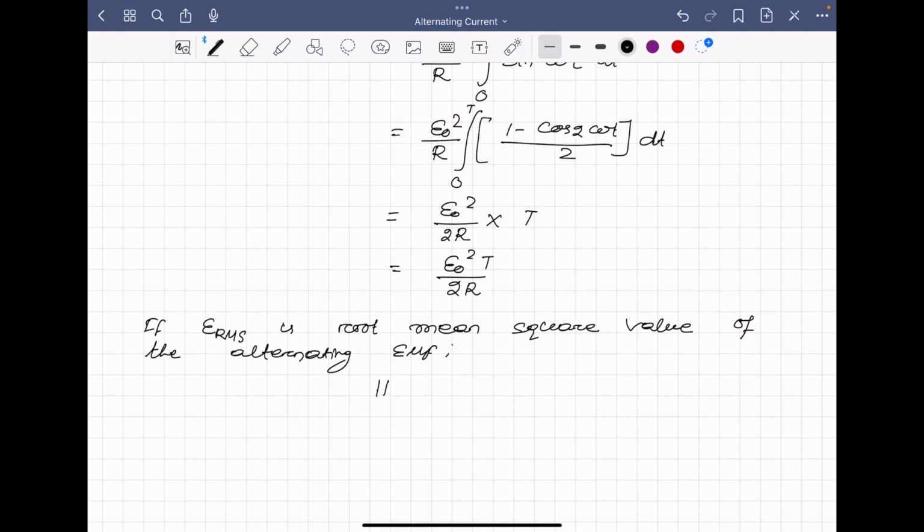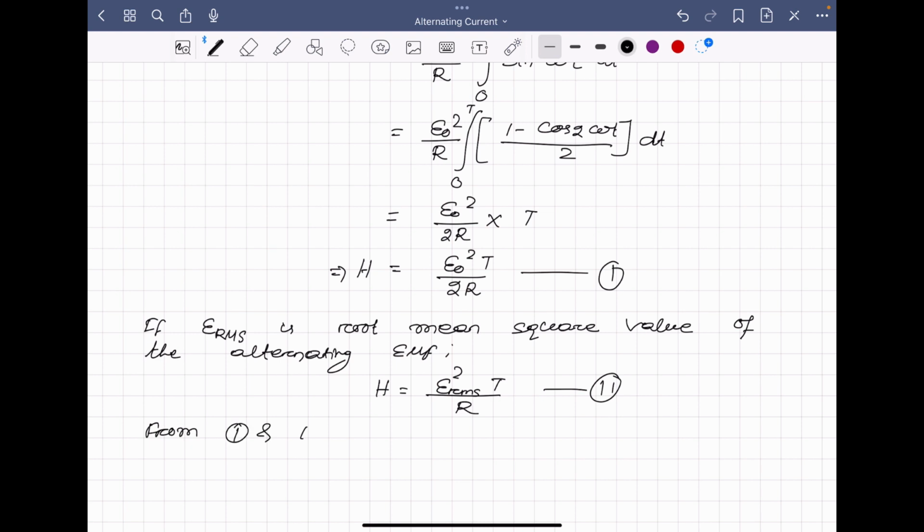H can be written as ERMS square T by R. Let it be equation 1, this be equation 2. Here is our H. From equation 1 and 2, what we got here?